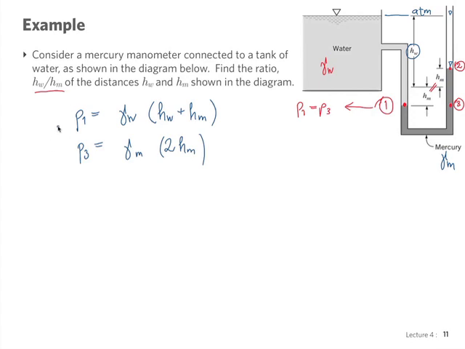And these two must be equal to each other. P1 equal to P3. So now I can write HW times gamma W, HW plus HM equals 2 gamma M HM.